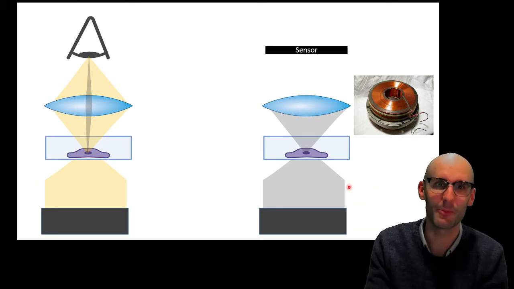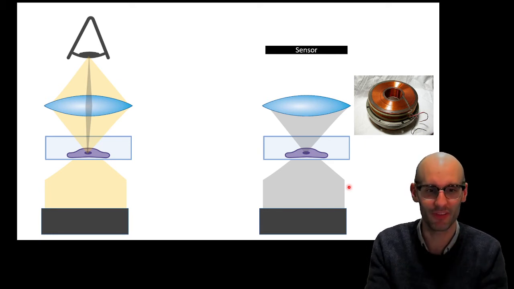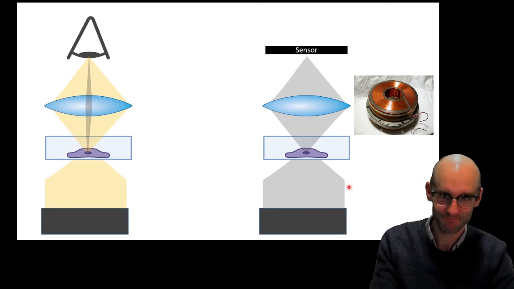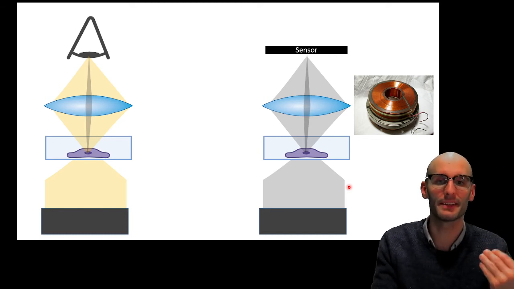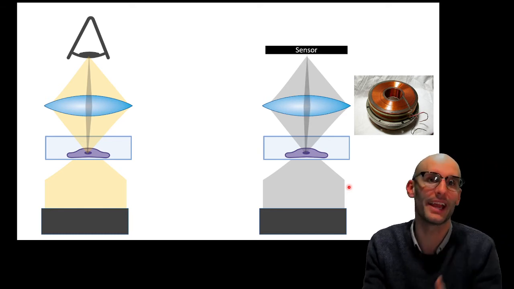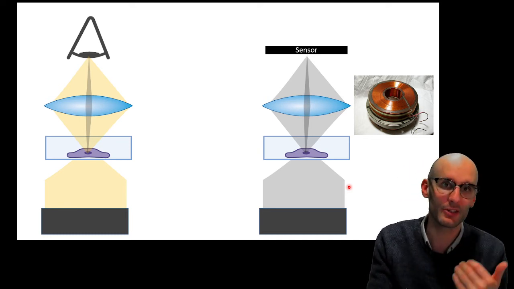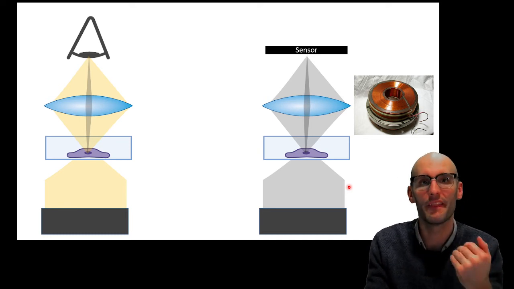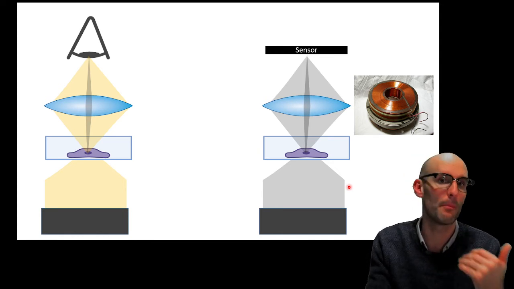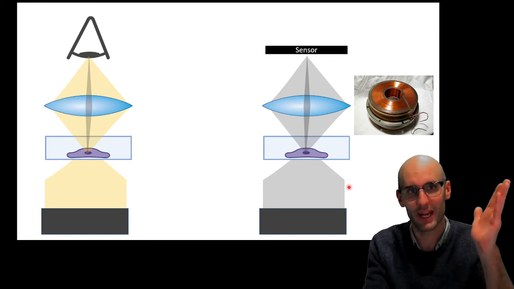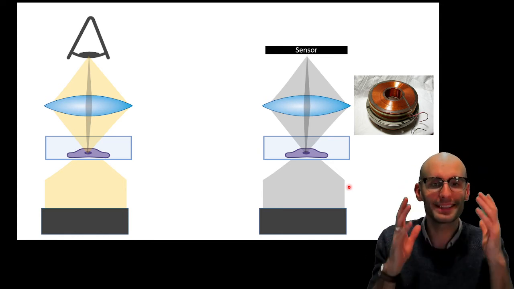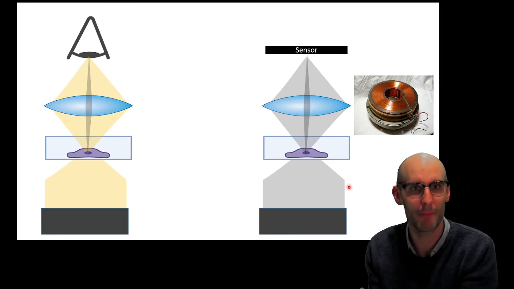Pretty much in the same way that the electron is attracted to the proton. It's because of that electromagnetism. That's then picked up by a sensor, and again we can get a shadow cast because perhaps some parts of the cells are better at scattering those electrons, and other parts of the cells are better at letting those electrons go straight through. And so it's essentially working exactly like a light microscope.